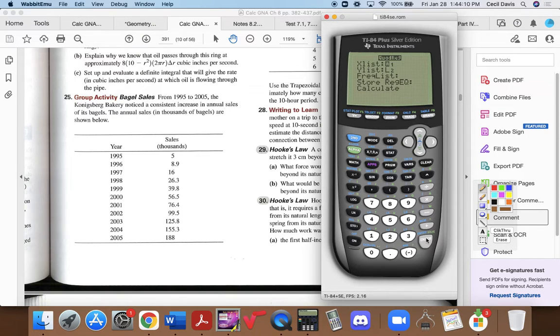That is something that sometimes you'll use L3 for, as a frequency list. I am going to go ahead and store it as Y1. If you do alpha trace, you can get to Y1 without having to type weird stuff. And then you go, okay, calculate that. And that's the quadratic regression.